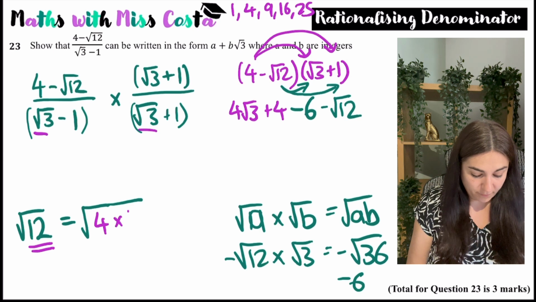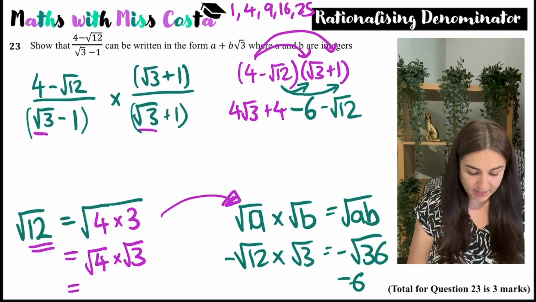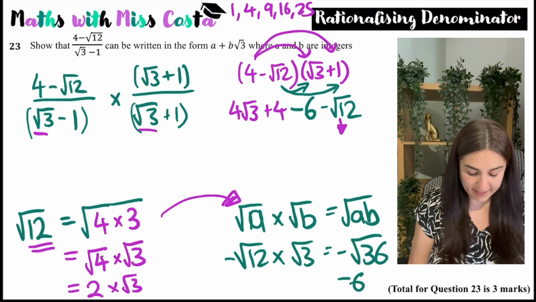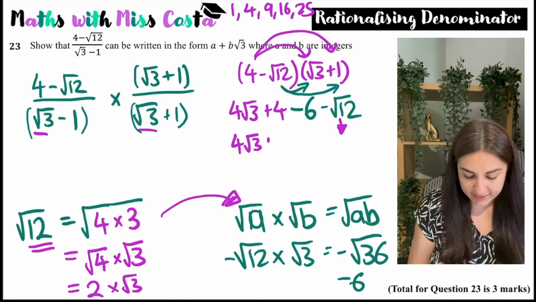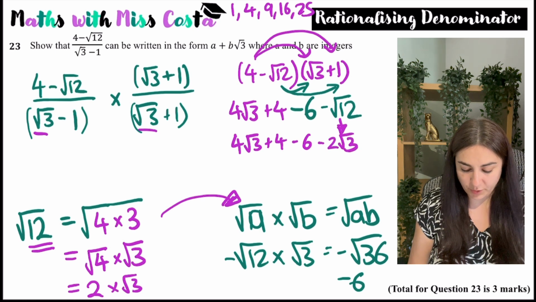So 4 times by 3 makes 12. Now I could write that as root 4 times root 3. It's the same thing if I follow this rule. And what is the square root of 4? That is 2. So root 12 would simplify to 2 root 3. So I'd write this as 4 root 3 plus 4 minus 6 minus 2 root 3.